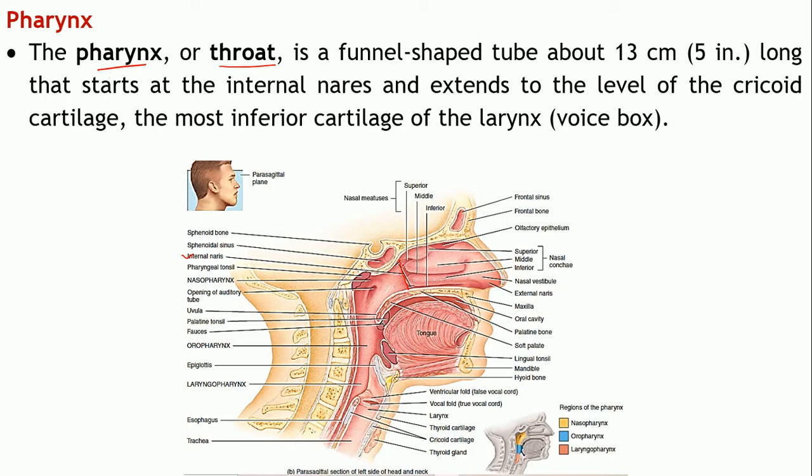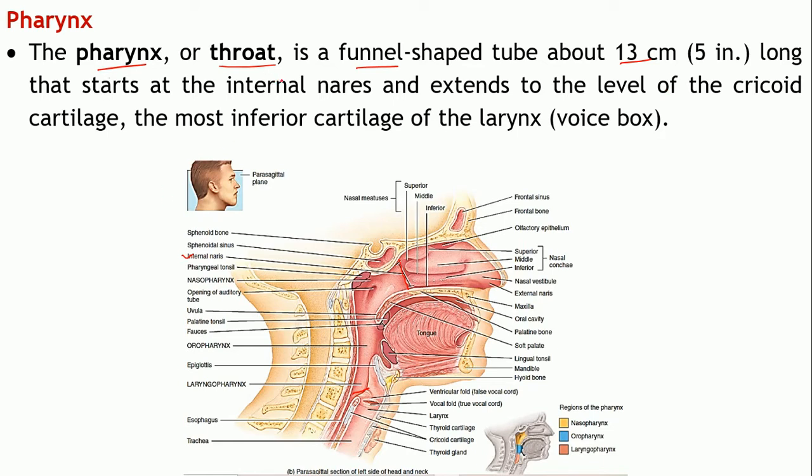So this is the starting point where the pharynx begins, and it ends at this particular point. This entire portion, as you can see, is roughly in the shape of a funnel. So it's a funnel shaped tube with the dimensions of about 13 centimeters. So it's 13 centimeter long.